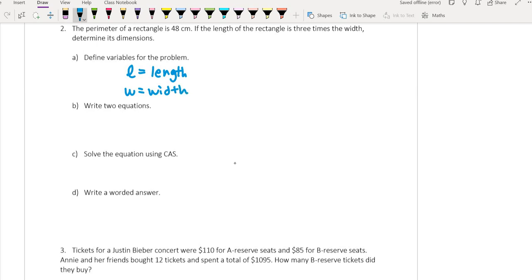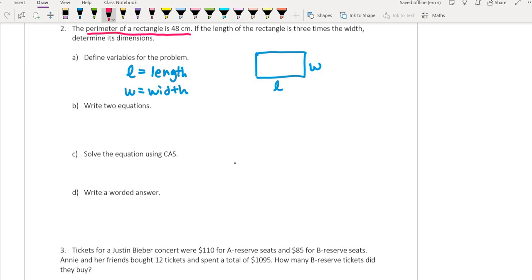And whenever I have a problem that I can draw, I like to draw. So we have the length and the width here like that. And I just leave it there. And we want to write 2 equations. The first equation comes from here.